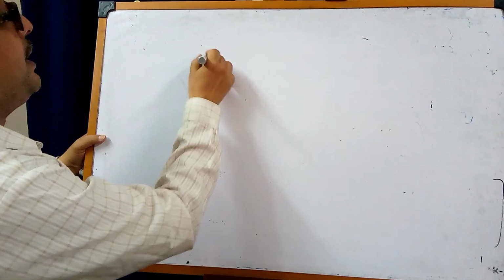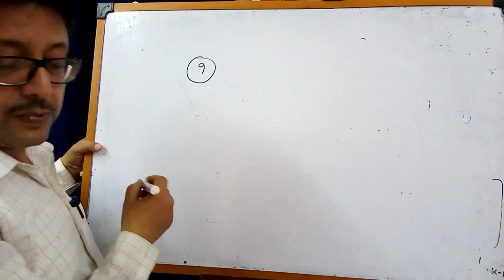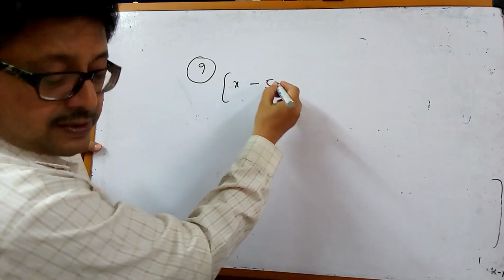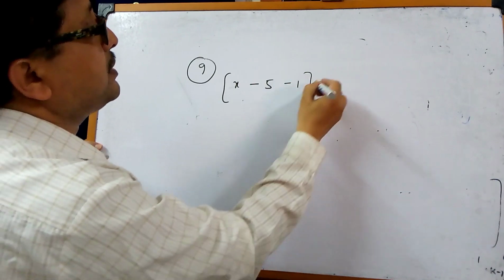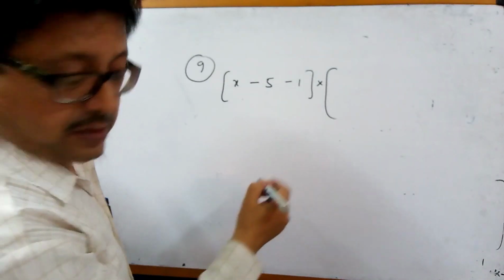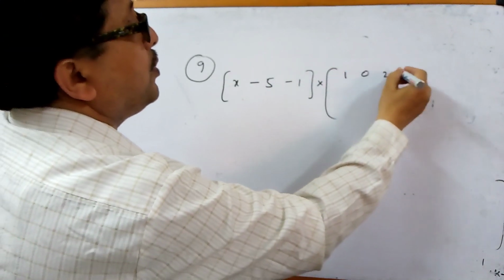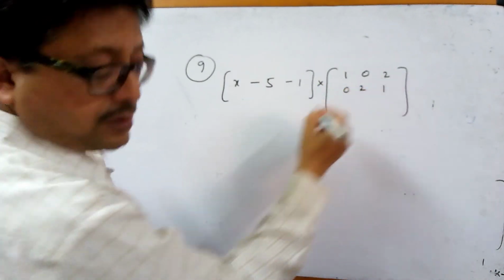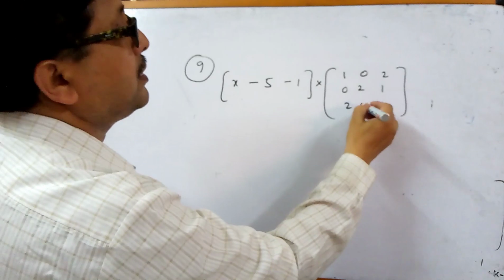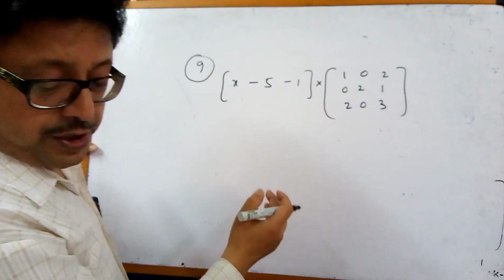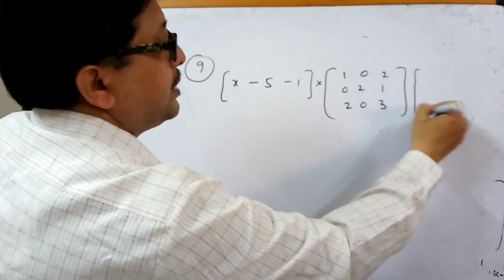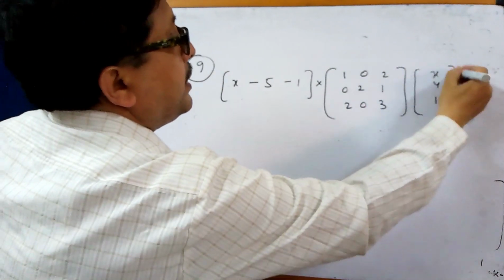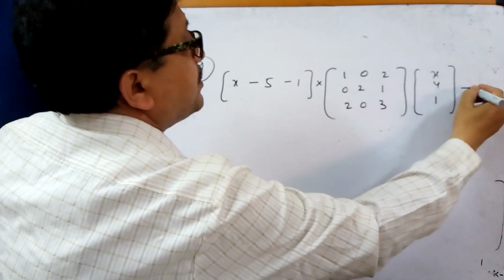For sum number 9, [x, -5, -1] multiplied by [1, 0, 2; 0, 2, 1; 2, 0, 3] multiplied by [x; 4; 1] equal to 0.